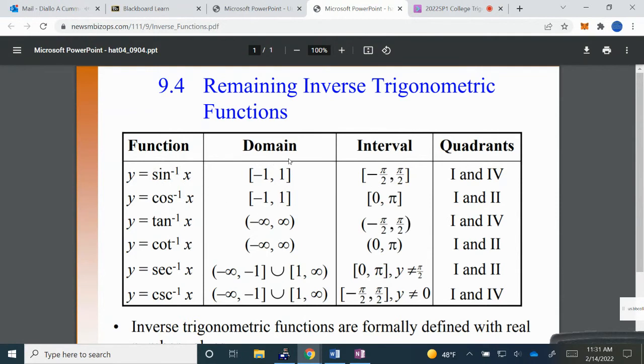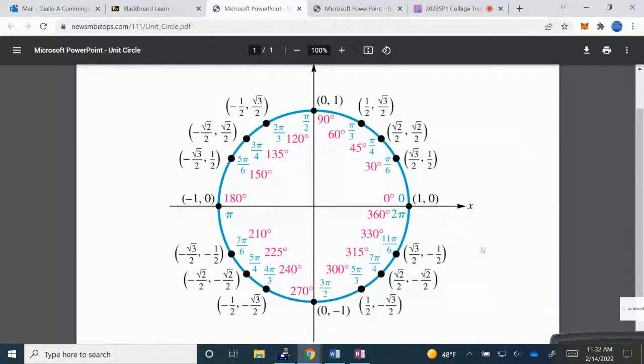Now we're not really worried about the domain, but what we're most interested in are the intervals in which we can find these arc functions or inverse functions. So let's look at this -π/2 to π/2 as far as the unit circle is concerned. Here I have the unit circle, and notice I have a π/2, but I don't actually have a -π/2.